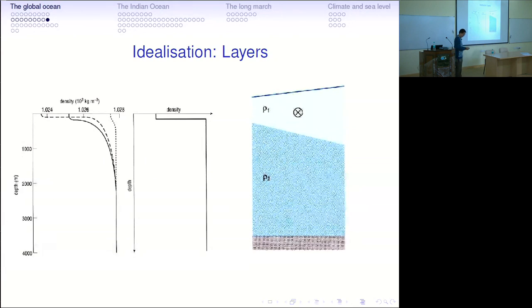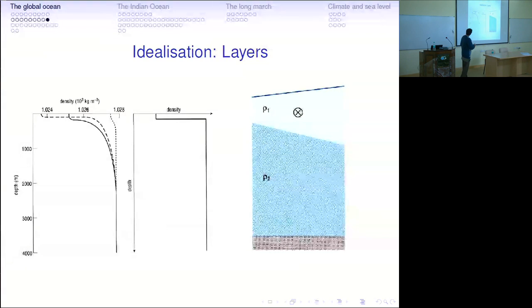So I approximate that to be a constant, and I take the surface density, I approximate that to be a constant, and I collapse this entire region where the density changes from what you see at the surface to this roughly constant value out here into a point in the vertical. So this region where the density changes, called the pycnocline, or in temperature, if you're looking at the temperature profile, the thermocline, is collapsed into a point in the vertical.